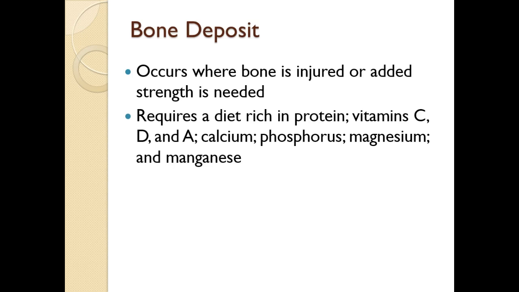Throughout life, we're constantly losing old bone and making new bone, sort of like skin. So we want to build the bone while we can build it faster than it's breaking down.